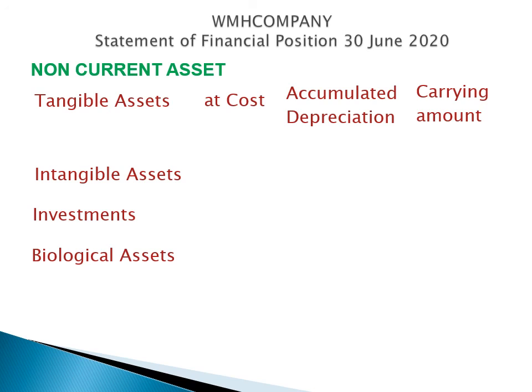So that is the amount that you need to show in the statement of financial position. That is the amount currently at the date of 30th June 2020. That is the carrying value of office equipment. So you need to display that amount in your statement of financial position.